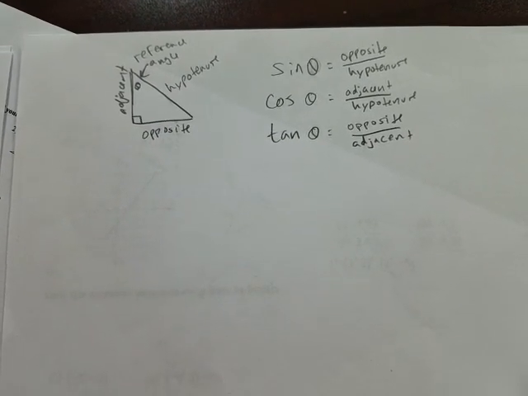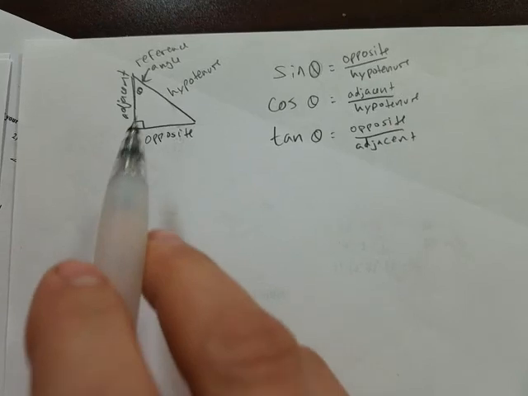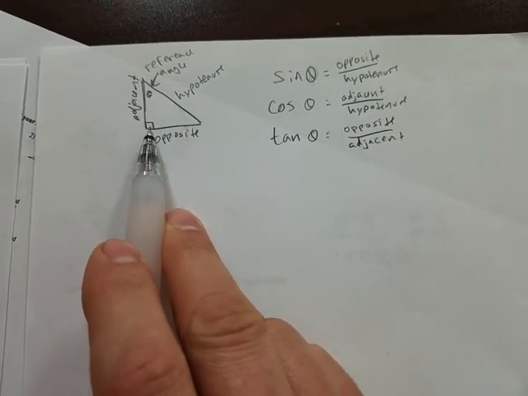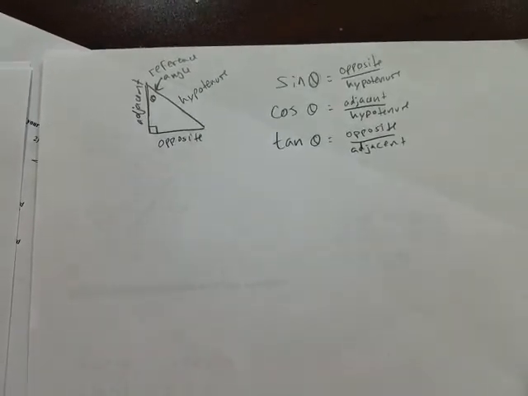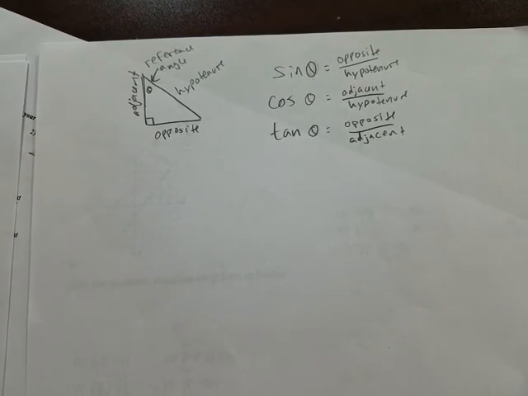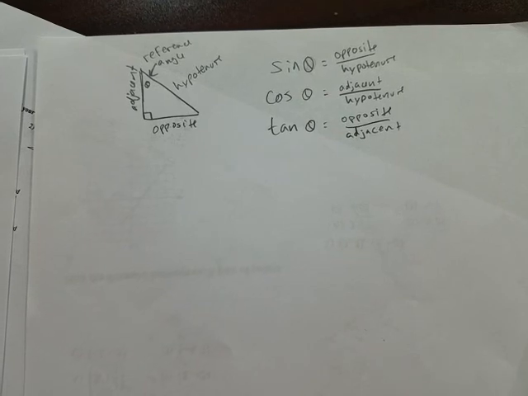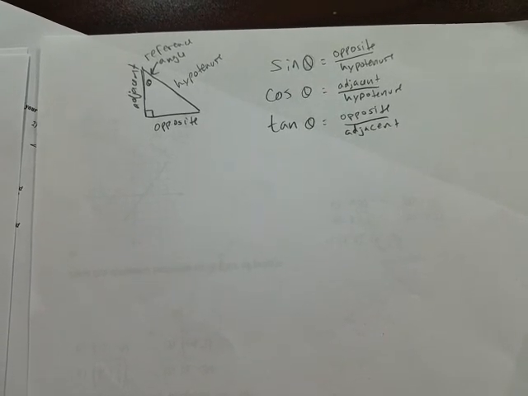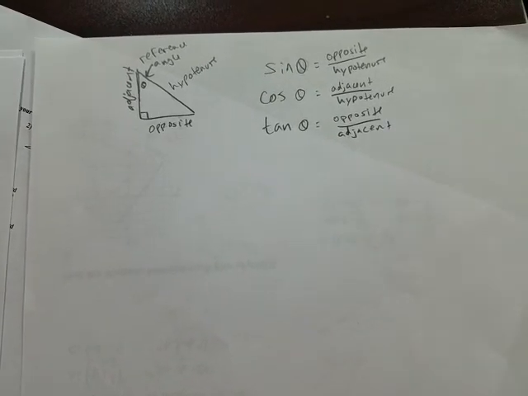We have a right triangle on the left side there, and on the right triangle there's always going to be a right angle. That's what makes it a right triangle. And then the legs, one of the legs will be the opposite, the other one will be adjacent, and then we'll have the hypotenuse. We want to name the hypotenuse first because it's always across from the 90-degree angle.